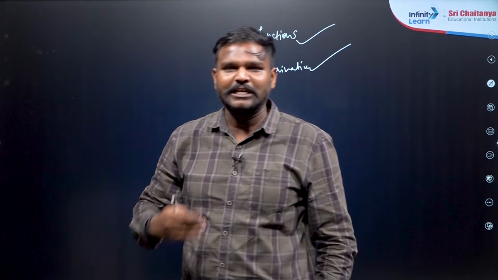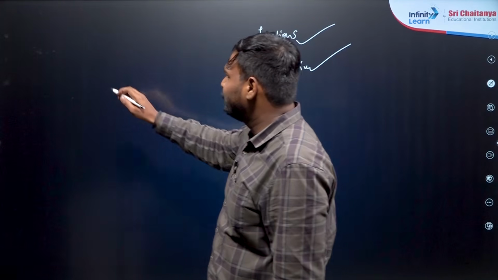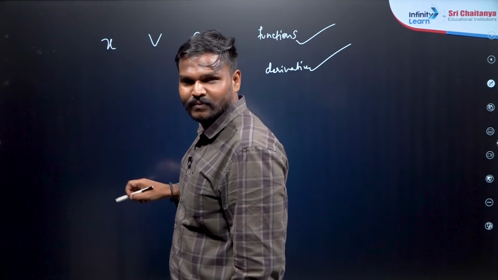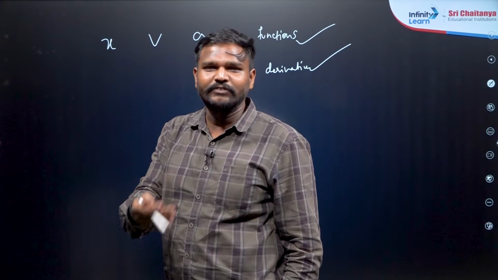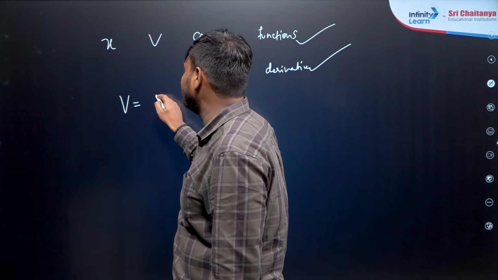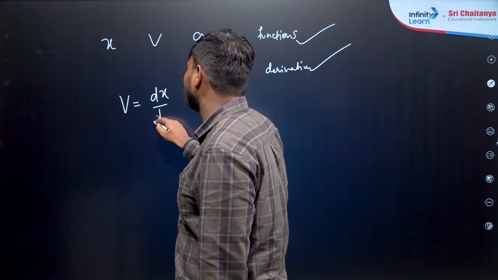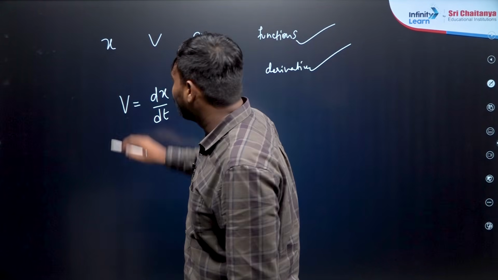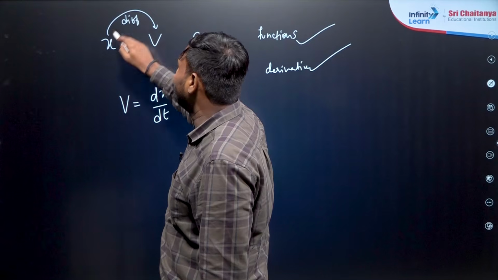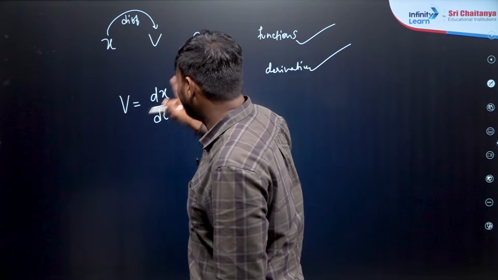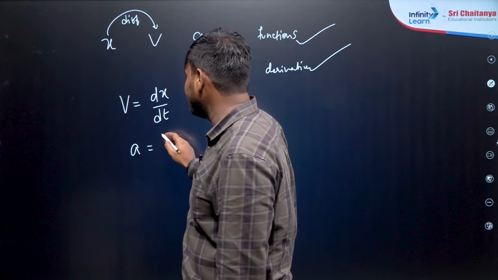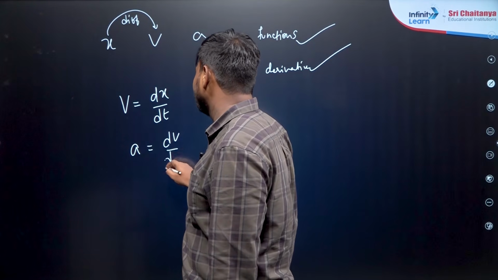kinematics. Let us say the next chapter would be kinematics. So we will say displacement, velocity, acceleration, the physical quantities that we learn, and how these are related. The velocity is nothing but rate of change of position. If we have displacement and we differentiate, we will get velocity. Similarly, acceleration, rate of change of velocity is called acceleration.